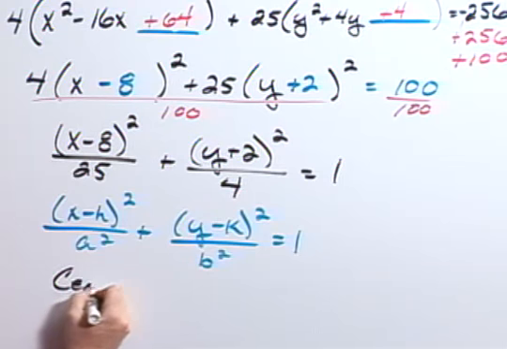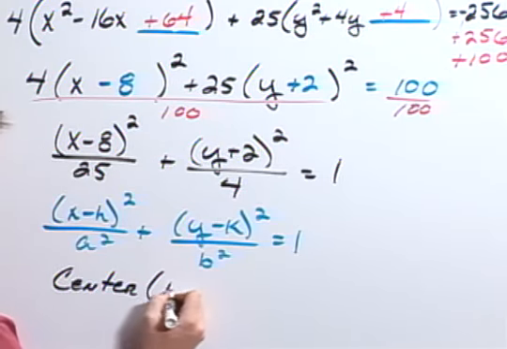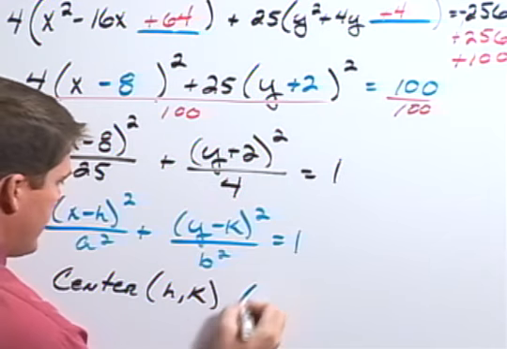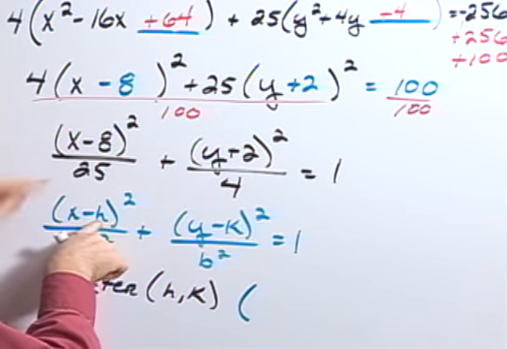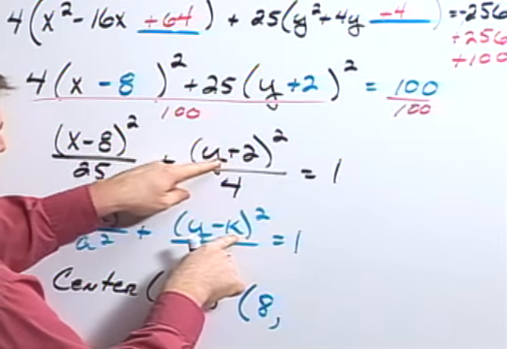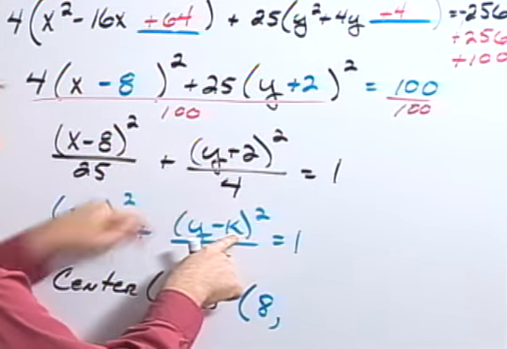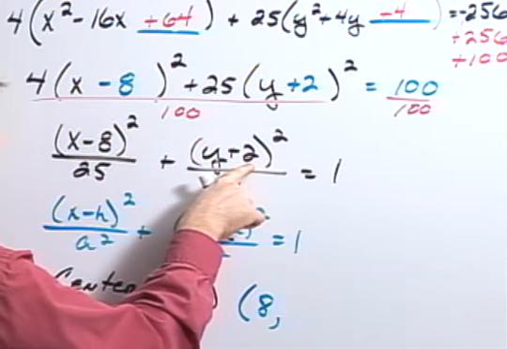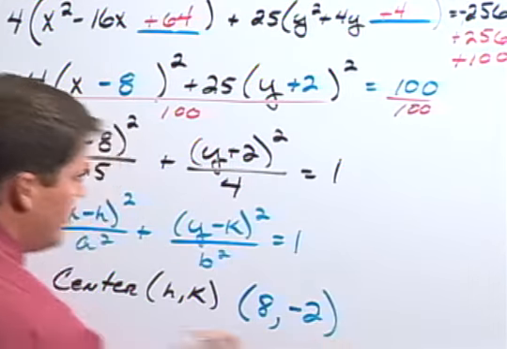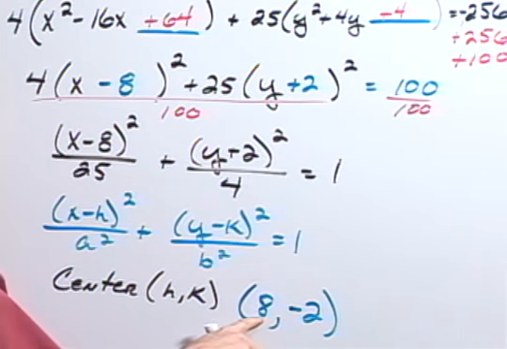Our center is h, k, which in this case is 8. Now, y plus 2 is the same as y minus negative 2. So k is negative 2. So my center is at 8, negative 2.